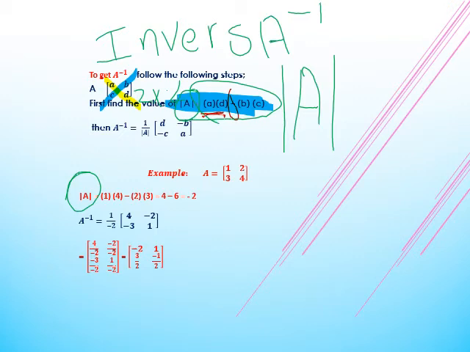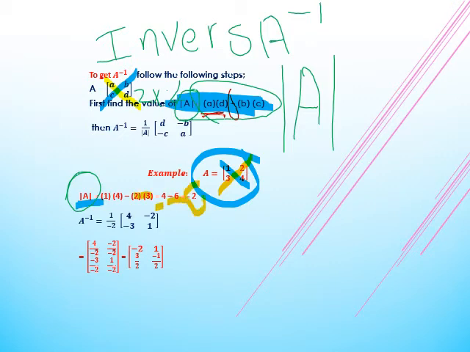Here we will get a value, a number for the matrix. For example, if we have the matrix A with 1, 2, 3, 4, the determinant of A will be 1 times 4, minus 2 times 3. 1 times 4 equals 4 and 2 times 3 equals 6.